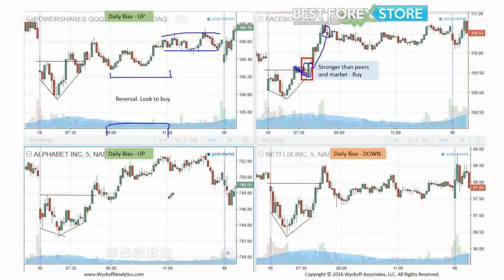So therefore, no trades here, no trades here, and see how I'm eliminating some of the unnecessary trades that I would be inclined to do if I didn't have a daily bias, if I didn't understand what the market is doing, if I didn't understand the comparative analysis as well as the structural analysis at this time frame.